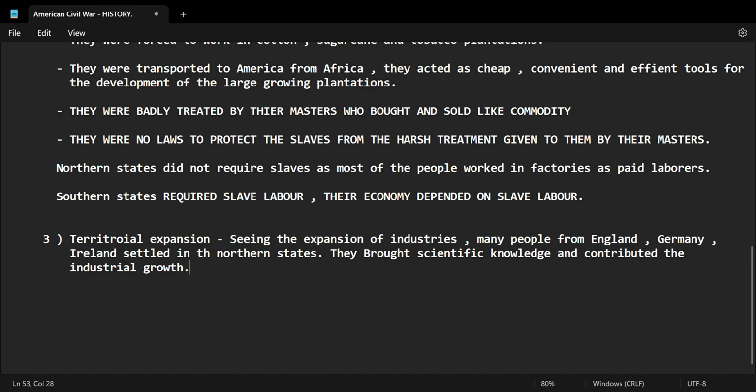Now, as the population of these colonies increased, efforts were made to explore the unexplored territories in the western regions of North America. Many of these newly settled colonies were absorbed into the USA as new states. The Northerners wanted these new states to be free states, meaning no slaves, whereas the Southerners wished that these states should be slave states.